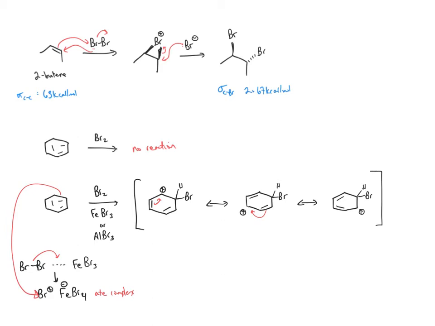Now, in the case of the bromination of butene, we said that we got trapping, we can get a dibromide. Well, it turns out that this doesn't happen here. So we don't get a dibromide to form. We don't get this bromide to attack the atomic p orbital and give us a trans dibromide. That doesn't happen.